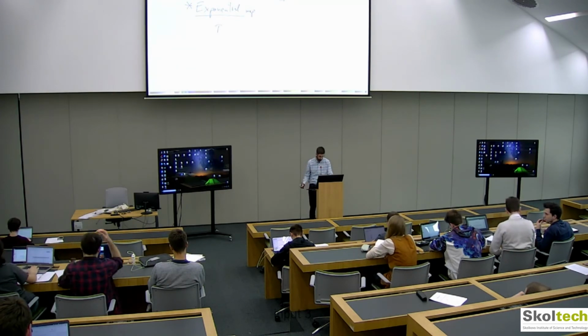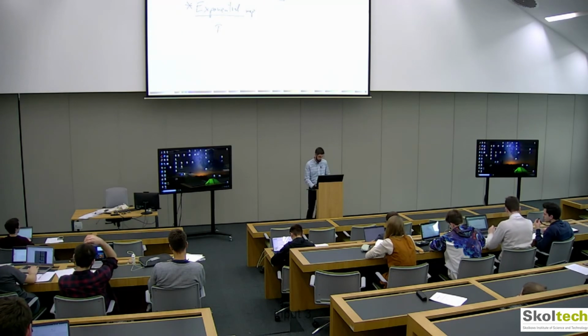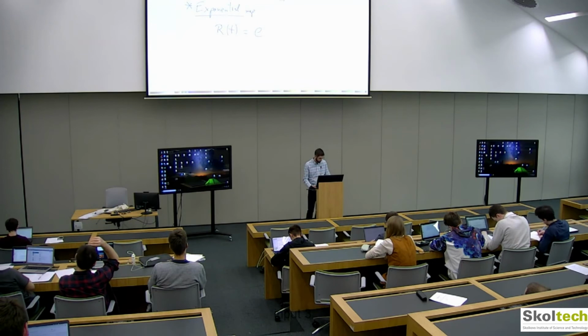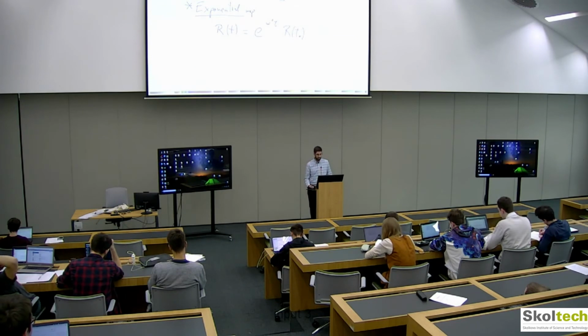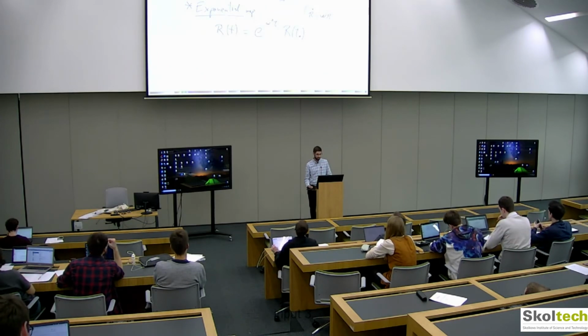Now that we have a solution for the derivative, we just integrate it, and we should get a solution like this, multiplied by time, and this is the transformation at time 0. So you just integrate, and if you do that, you should get something like this.